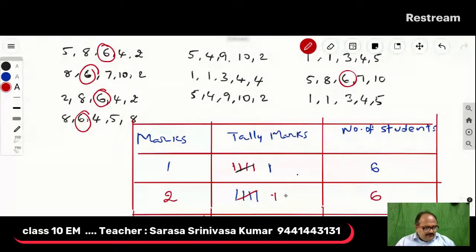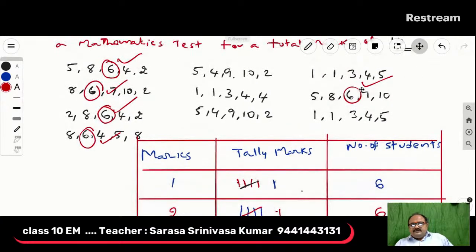So how many students got 6 marks? 1, 2, 3, 4, 5. 5 students got 6 marks.